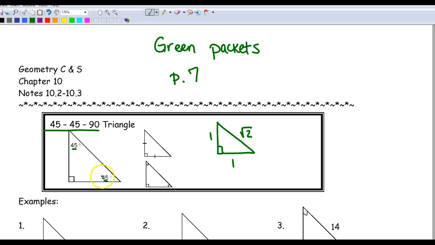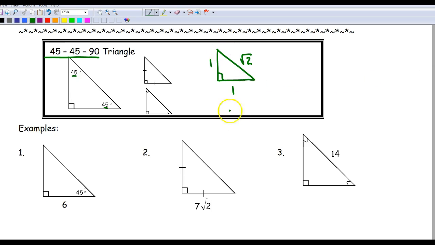Now either the triangle will have the 45-degree angle marks, or it'll have the two sides marked congruent, or it'll have these two angles marked congruent. One of those three options is going to occur, and once you have that and you know it's a triangle with the 1, 1, root 2, the root 2 should be the hypotenuse, and then the 1s are the two sides that make this L shape.